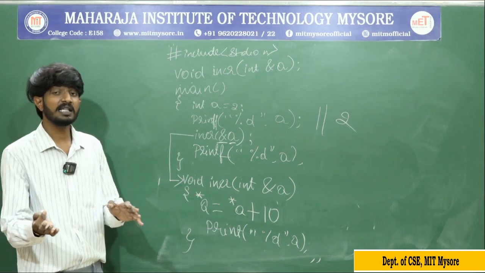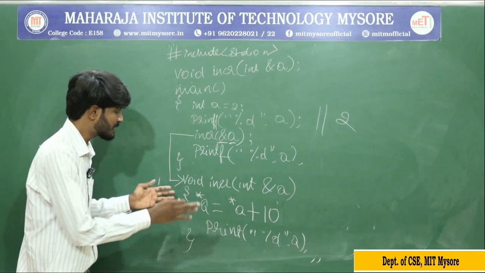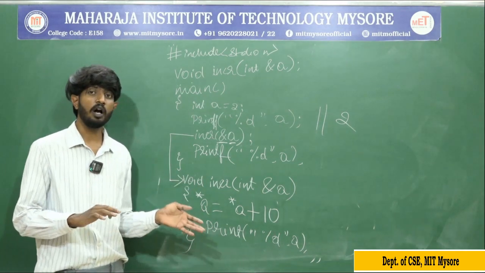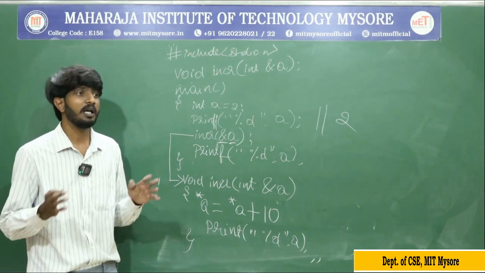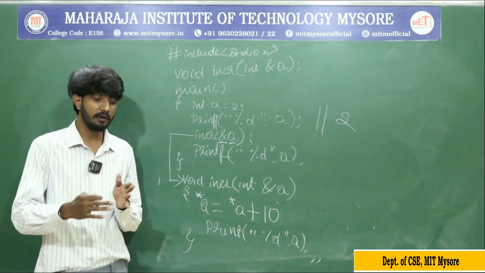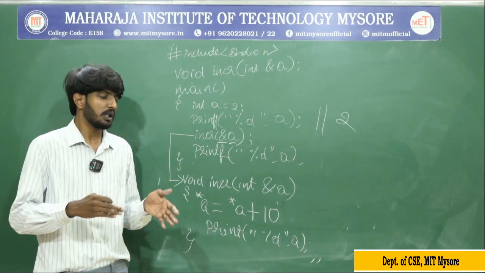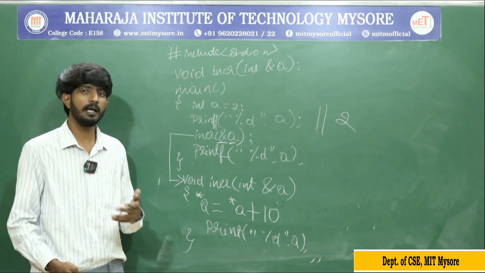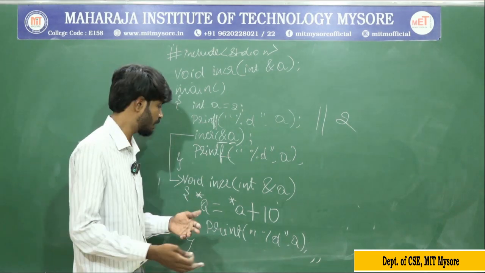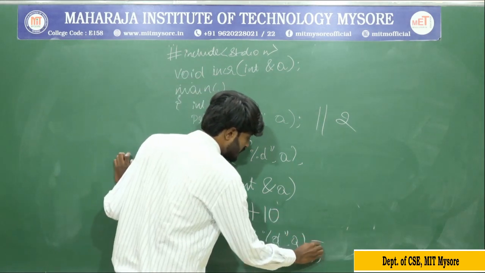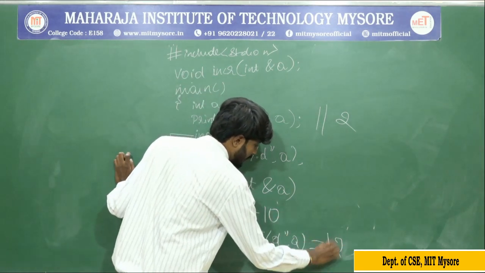This 12 is directly assigned to the address of that variable. It is not going to create any new variable; we are manipulating the variable with the help of its memory location. So the same memory location will be modified. Okay, so the value of a here is 12.